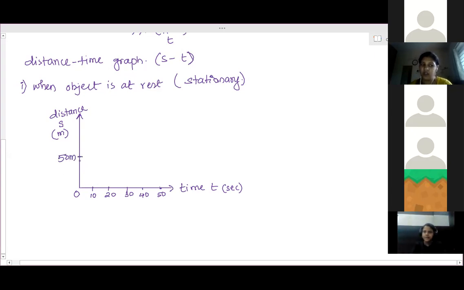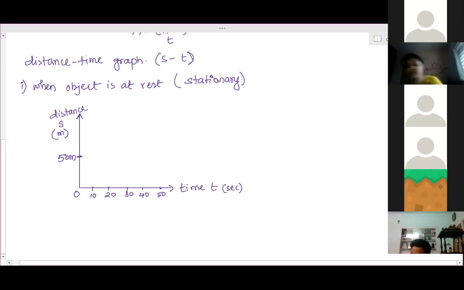Now after reaching 50 meters, you have stopped and sat on the sofa, on the chair. For the next 10 seconds, what is the distance covered? Zero. It stays 50. You have already traveled a 50-meter distance from one stationary object, that is, from the second room. You traveled 50 meters and came to rest.